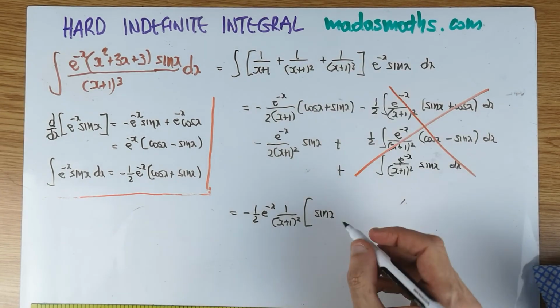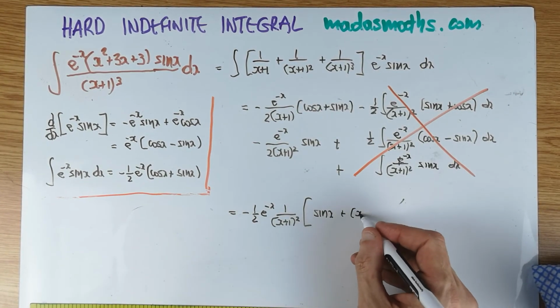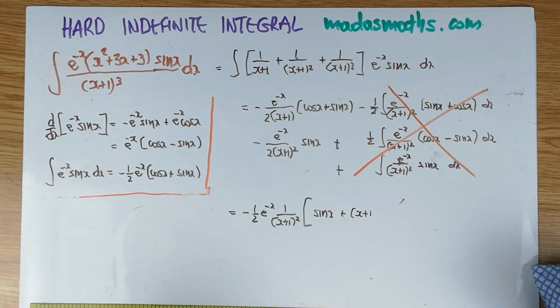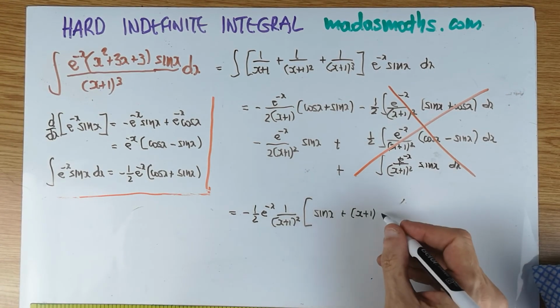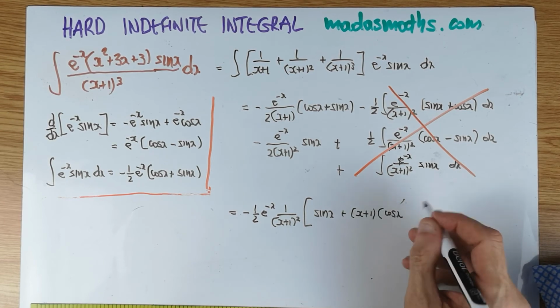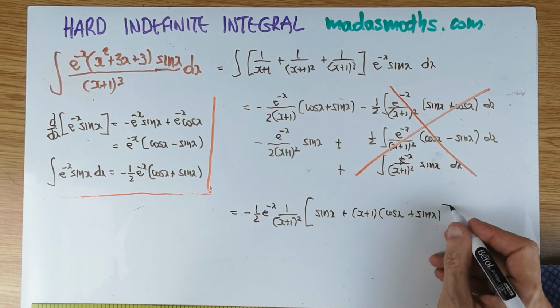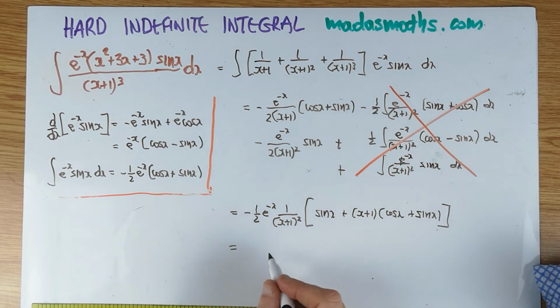And when I look at this, I'm going to have an x plus 1. Wait a second. Yeah, x plus 1. And then I have, of course, a cos x plus sine x. If you want to put a few extra lines for that, it's not a problem. I'm sure you should be able to see this.